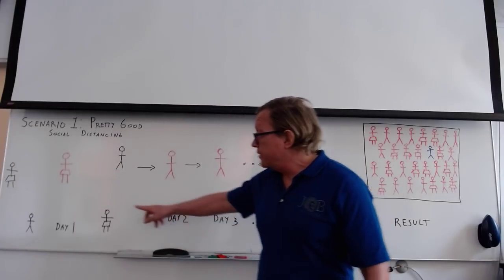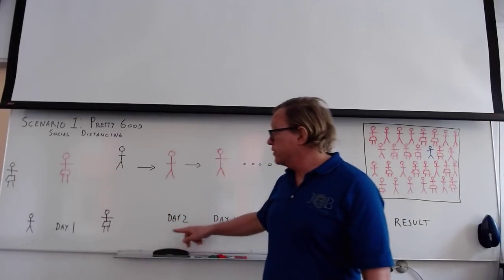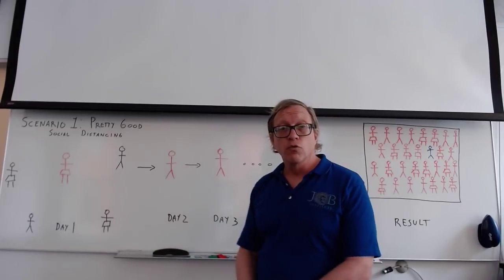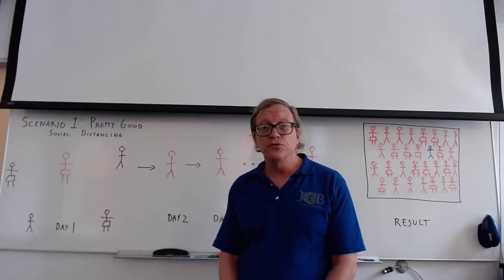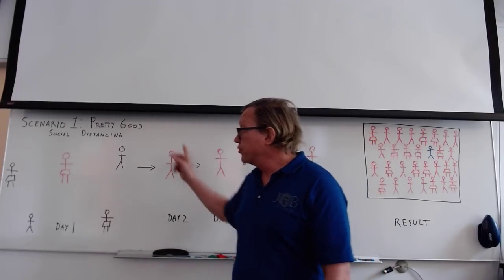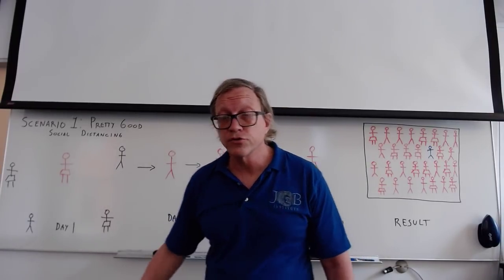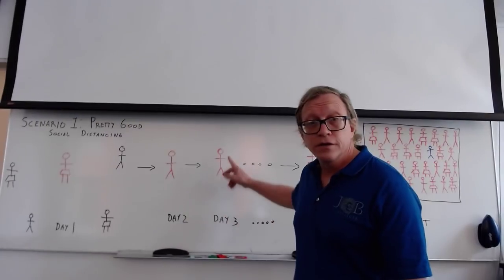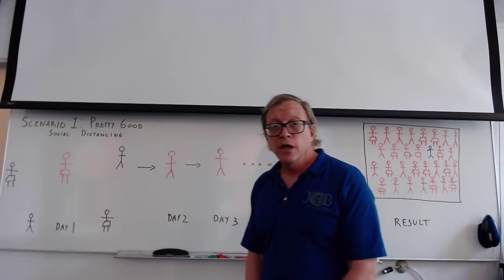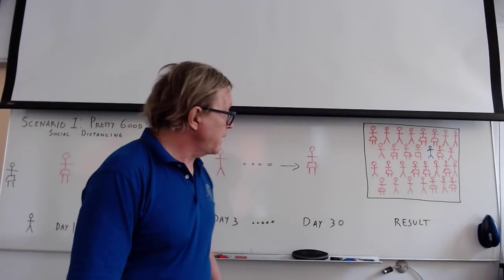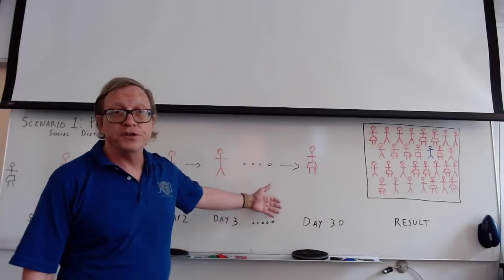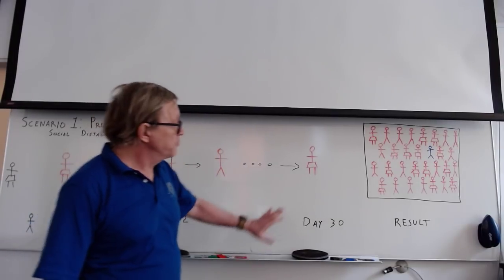So at day 1, she's been infected. At day 2, here's the one person that she passed it on to. He also goes out, has some contact, passes it on to one person. At day 3, we have another victim. And now we just think about what's going to happen over the course of 30 days. This is very simple.